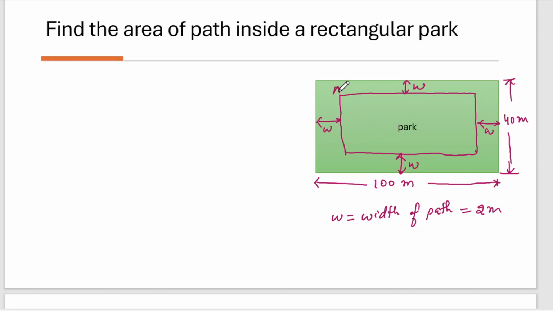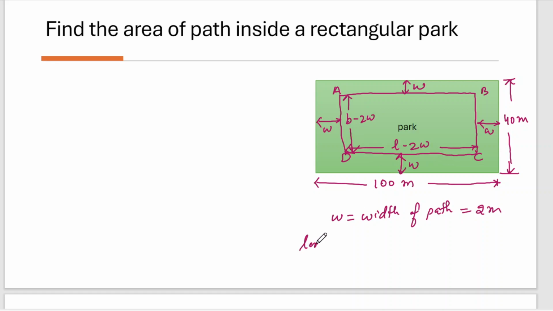So let me name it also A, B, C, D. So what will be the length of this rectangle ABCD? It is L minus 2W, and the breadth is B minus 2W. Okay, so let me calculate this.